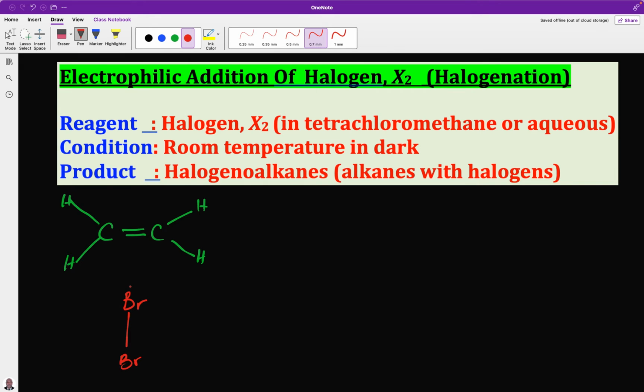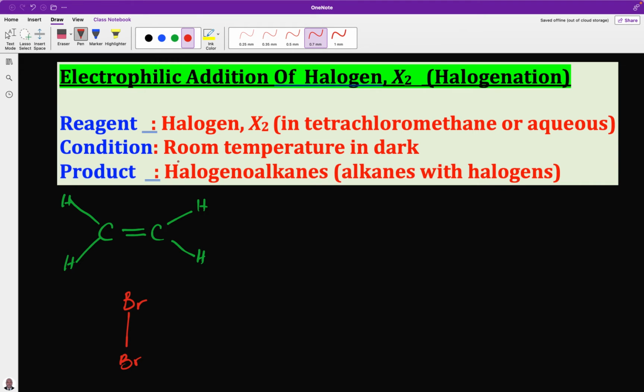There will be an instantaneous dipole on this molecule. The cloud of high electron density surrounding this carbon-carbon double bond will induce a dipole, and it is instantaneous. This is a temporal dipole. It induces a dipole into this bromine molecule.